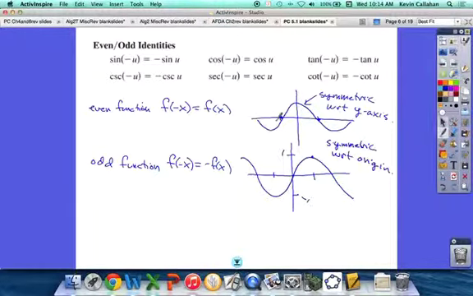So let's see. If cosine is even, which other of the 6 has to be even? The secant, 1 over the cosine. So the two even functions are cosine and secant. Right? These are the evens. All the rest are odd.